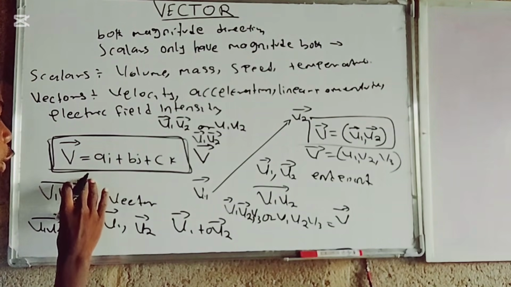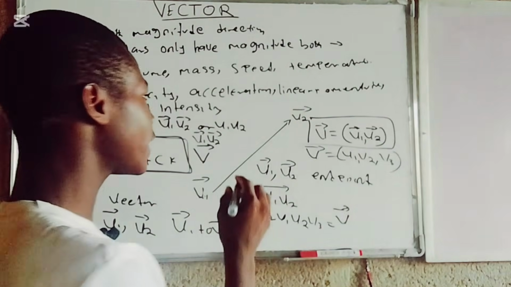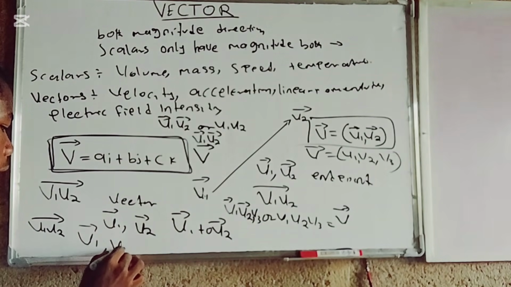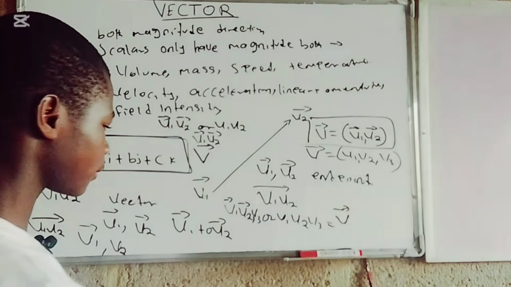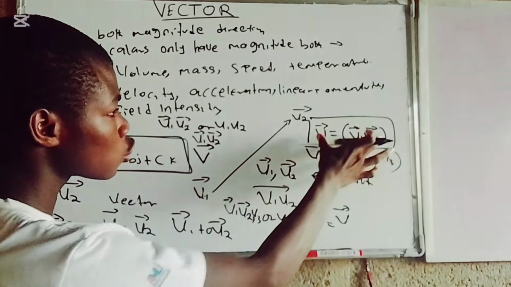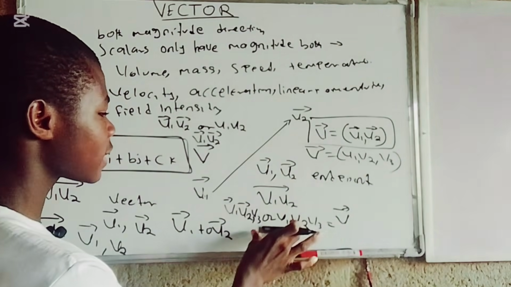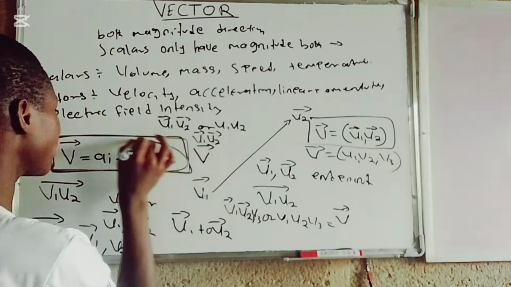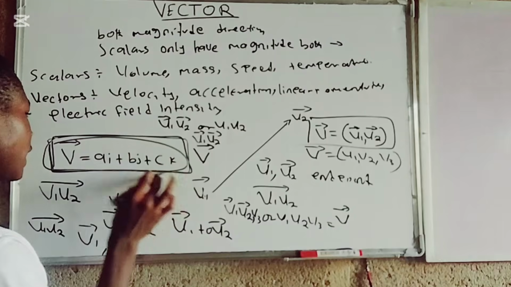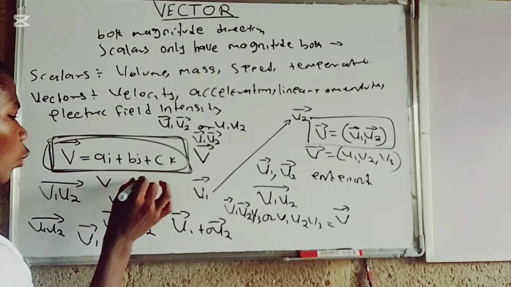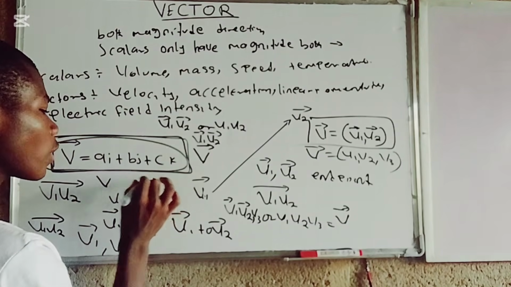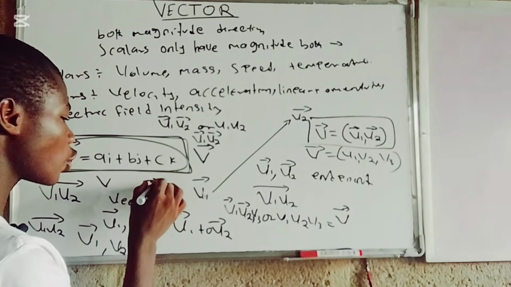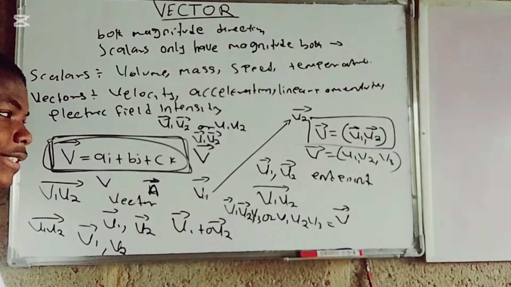Whenever you see i, j, and k with this direction, it is a vector, showing that it has direction.